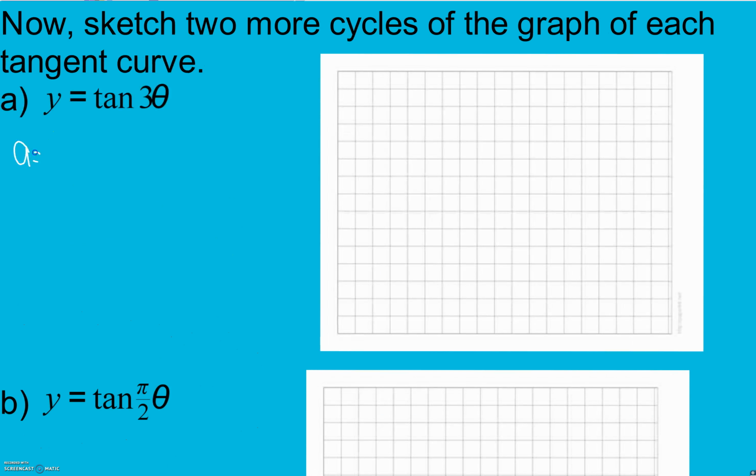So a equals 1, b equals 3. We use the b to take pi over b to get our period, which here is going to be pi over 3.